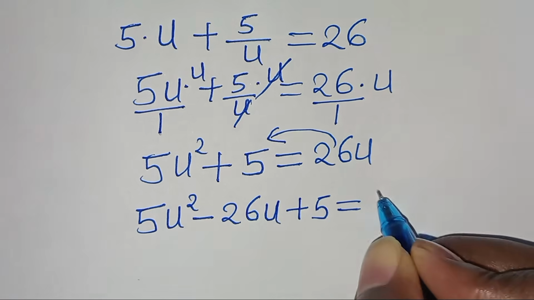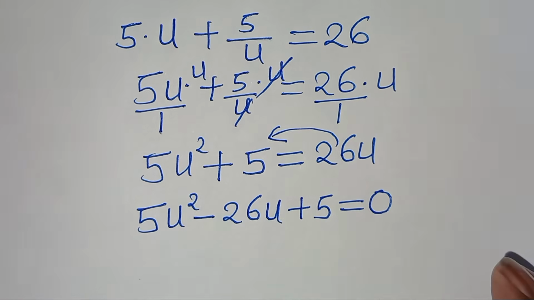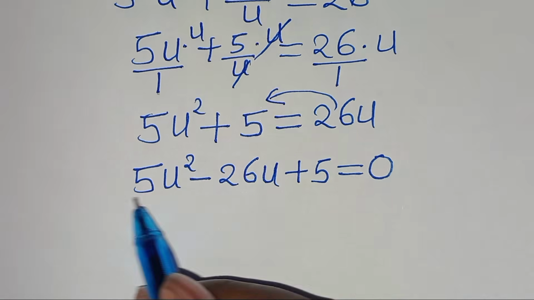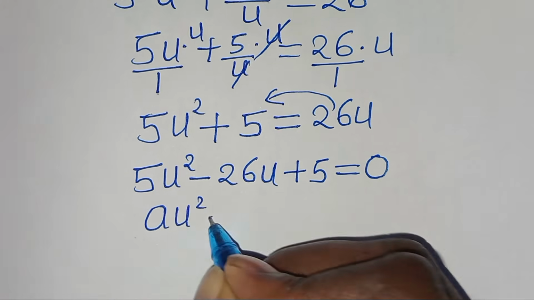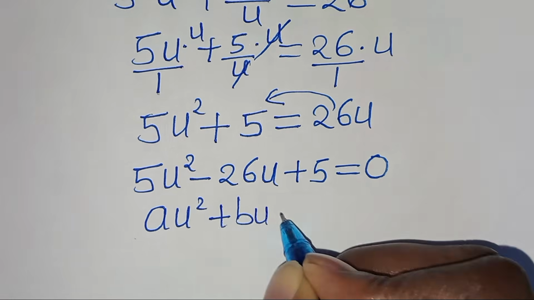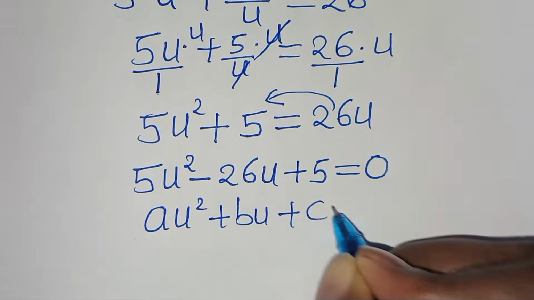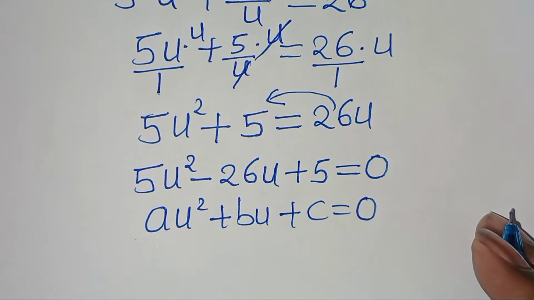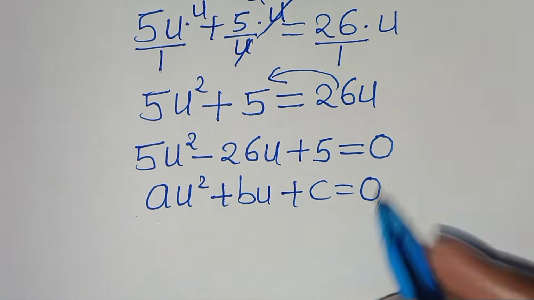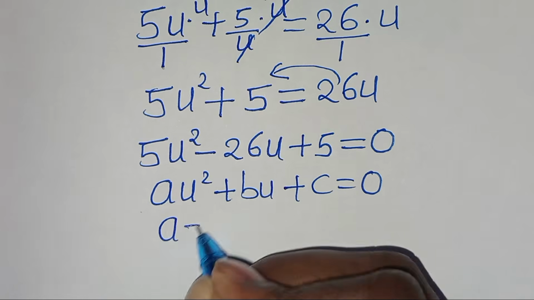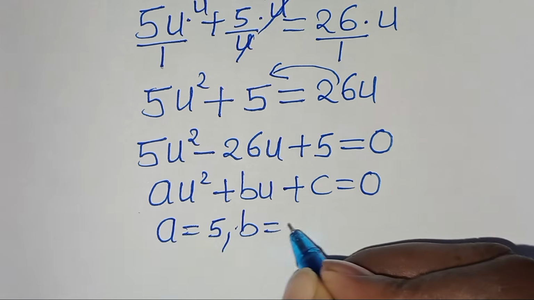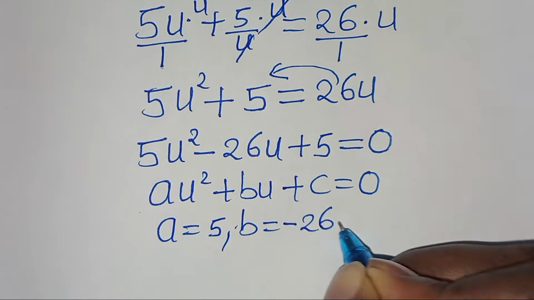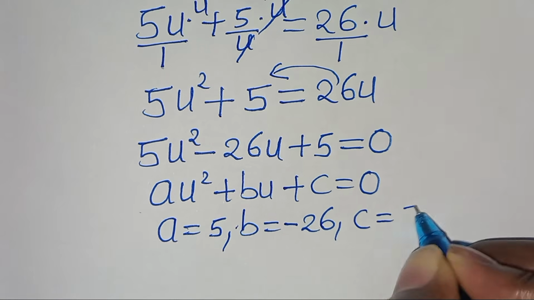This is equal to 0. Now, this is a quadratic equation of the form au squared plus bu plus c equal to 0. From this quadratic equation, we have a is equal to 5, then b is equal to minus 26, and c is equal to 5.